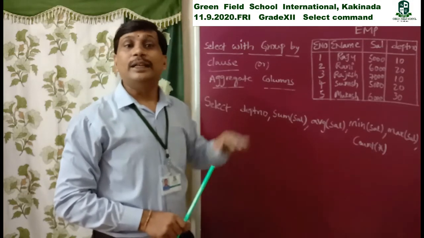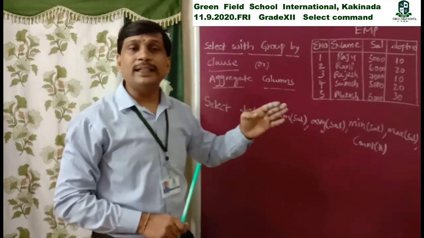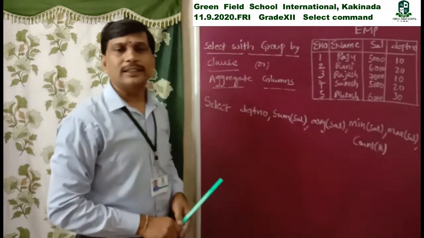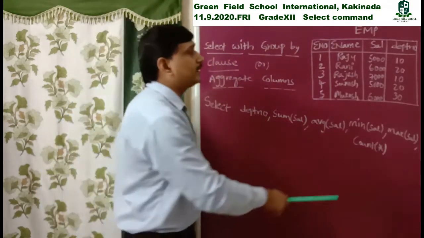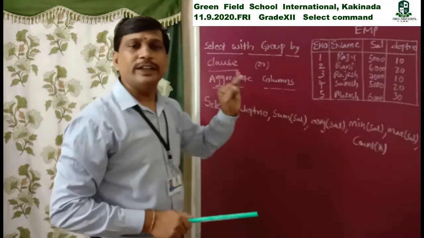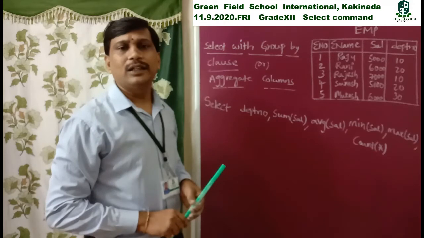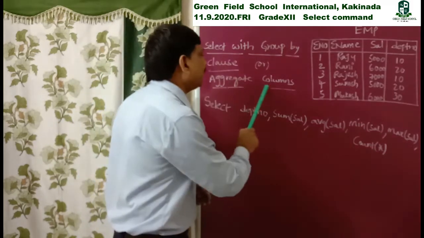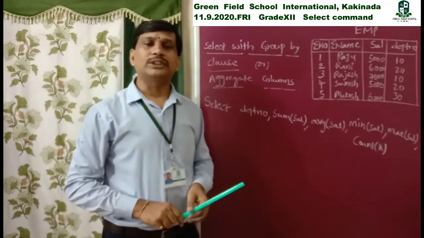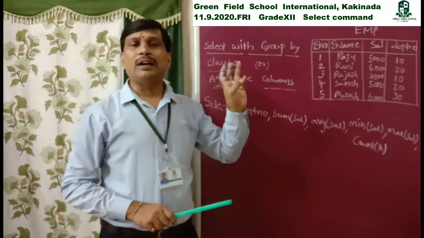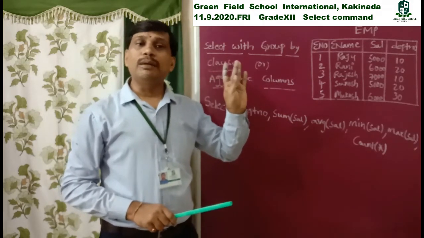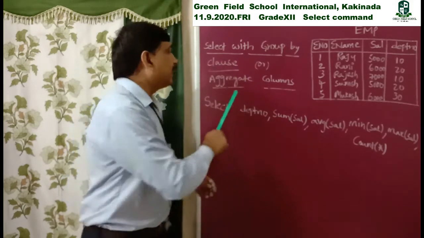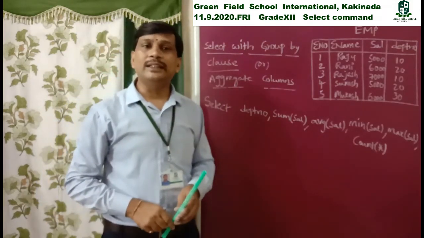Then I calculate department wise. After dividing this table into 3 parts, I calculate all these aggregate functions for each department: sum of, average of, minimum of, maximum of, and finally count of star. All these aggregate columns are presented in the Excel sheet.